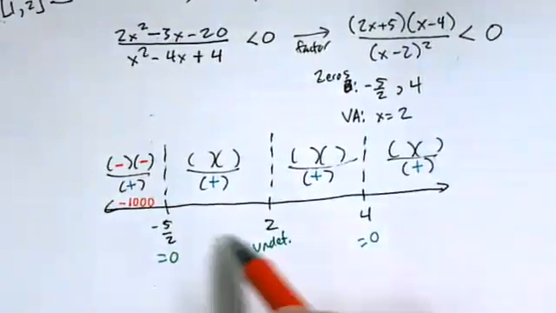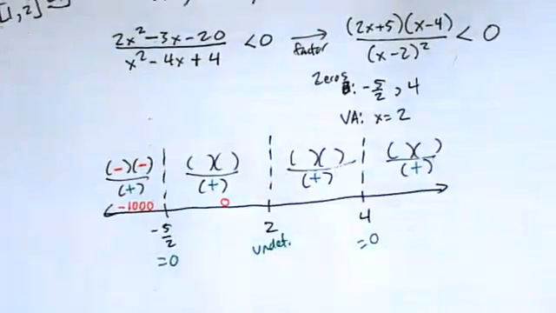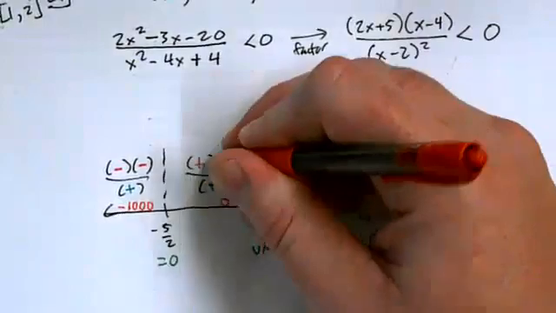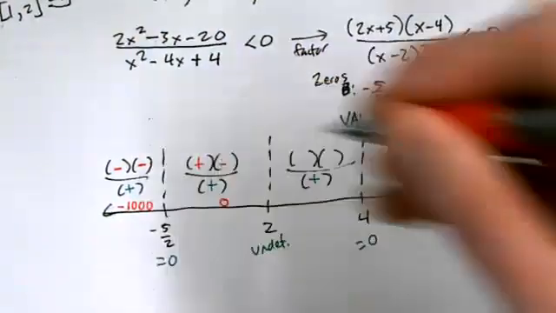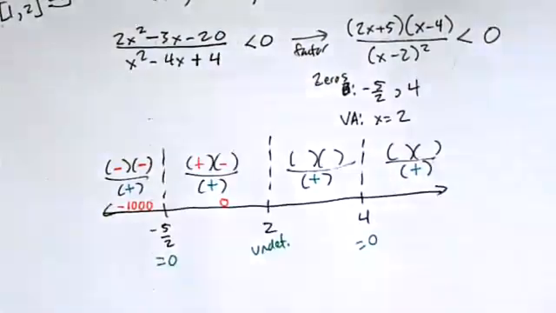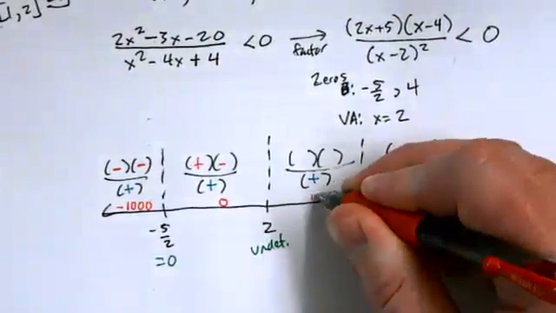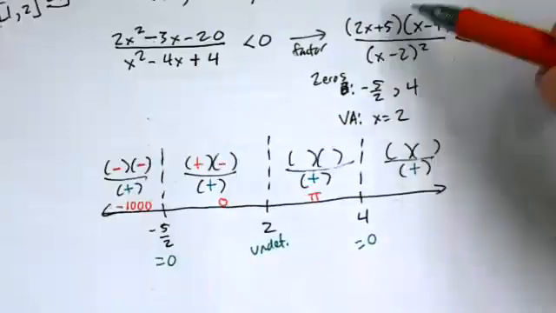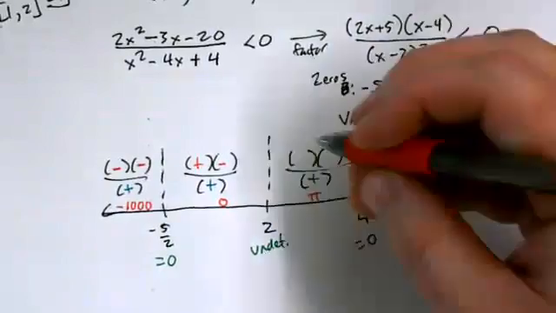Between -5/2 and 2, I think I'd probably pick 0 in here because we can. Put a 0 in here, we'll get +5. And 0 in here will get us -4. Between 2 and 4, the obvious answer is pi. So that would be positive and that would be negative.